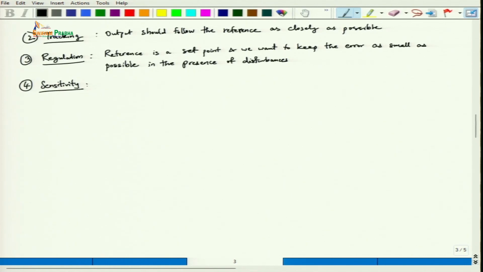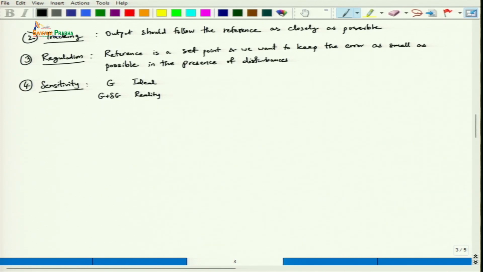So the idea about sensitivity is, we are assuming that the plant transfer function is G, but in reality it might not be G. This is the ideal case, whereas in reality we might have G plus delta G, that there is some uncertainty.